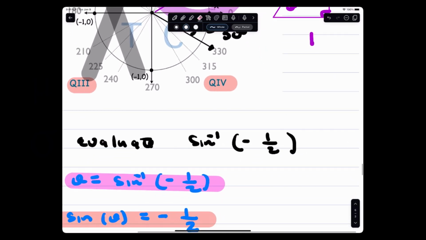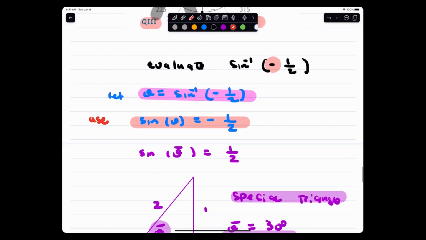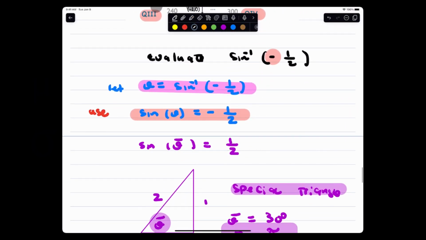Because the original question is a negative sign. So this is why you have to get the reference angle. And then remember that detail, that this will be a negative pi over 6. There's your answer.